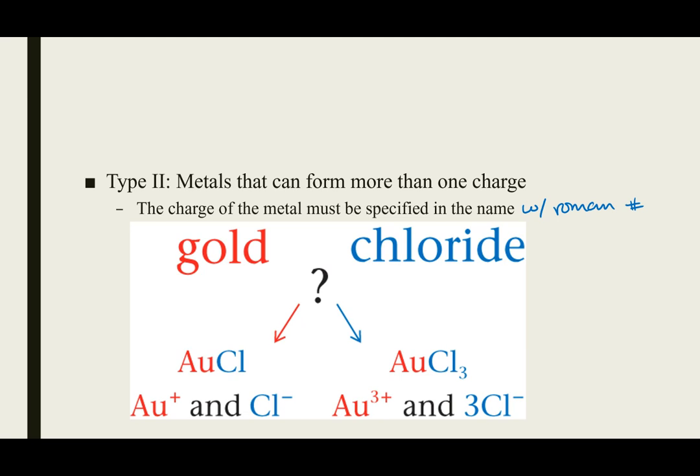So AuCl would be gold(I) chloride, because the gold has a charge of +1. AuCl3 would be gold(III) chloride, because the gold has a charge of +3 in that one.